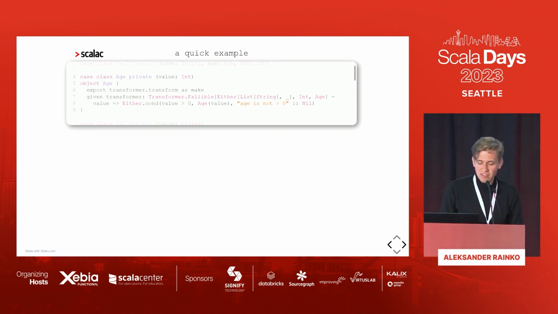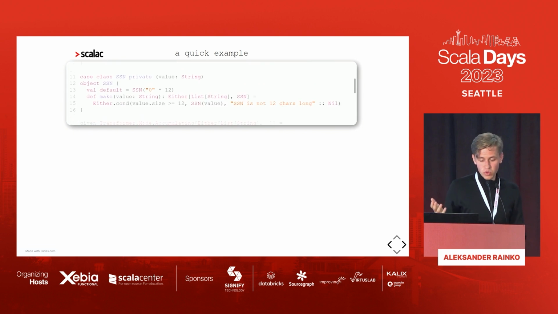It has an instance of a fallible transformer in scope, which basically verifies if the value underneath is bigger than 0. If it's not, it gives you some kind of error message. If it is, it just wraps that in the private constructor, right?